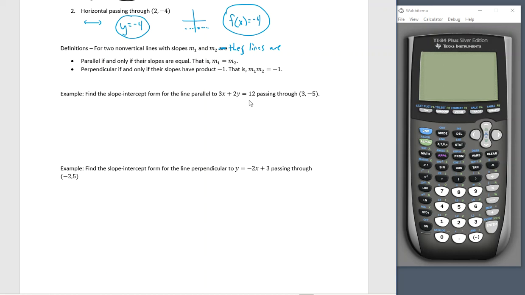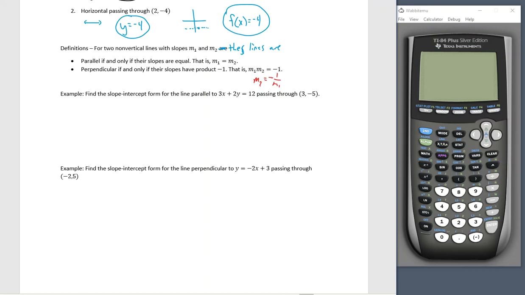Notice that when m1 times m2 is -1, we also could divide both sides by m1 and find that m2 is -1 over m1. This is frequently given as a negative reciprocal or opposite sign reciprocal.